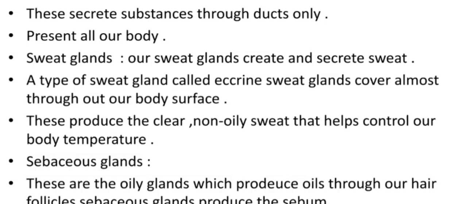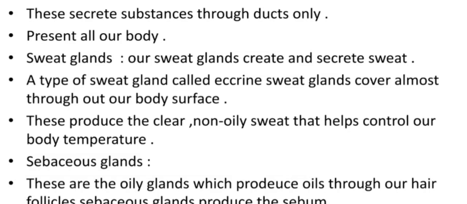A gland which does not have ducts takes a long time to show its action, so it releases its substances into the circulatory system, whereas exocrine glands have ducts, which take a short time to show their action, as the substances pass through the ducts. These exocrine glands are present throughout our body, for example, the sweat gland.